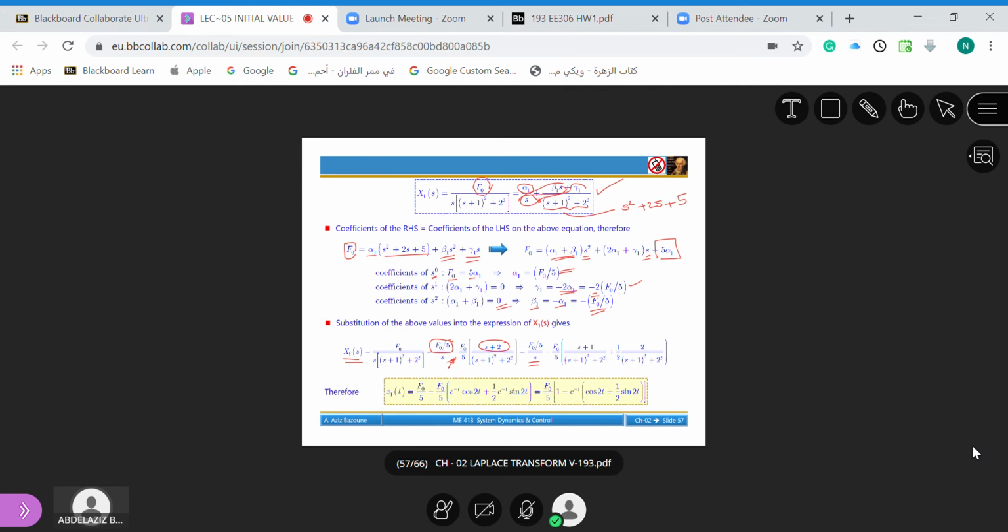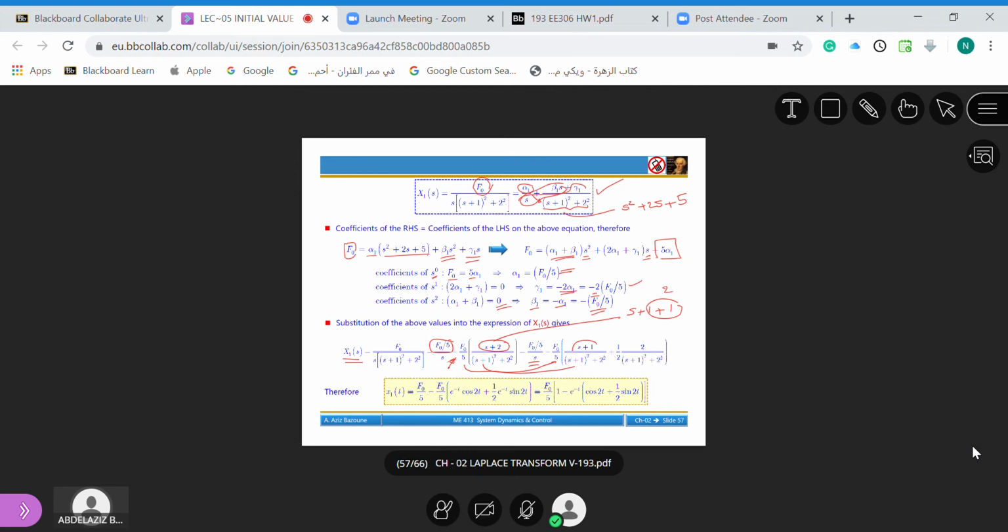And if you take f naught over 5 here, it's the same. I'm just writing this one, s plus 2. I'm writing it like this, s plus 1 plus 1 equal s plus 2. And these two, I'm writing just s plus 1 plus 1. Then I have denominator s plus 1. I want to have in the numerator s plus 1. So I have s plus 1 here.